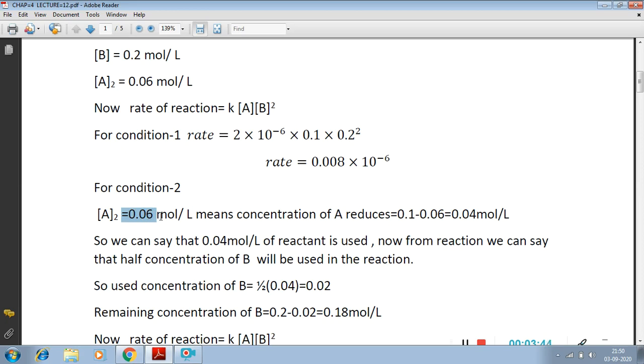The rest of the compound is used to form product. The used value is 0.1 minus 0.06, that is 0.04. So the used amount is 0.04 mole per liter for compound A.